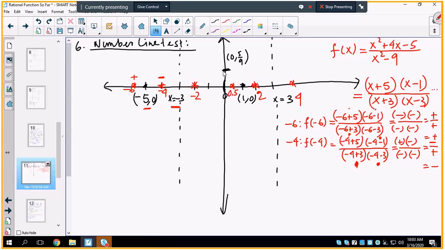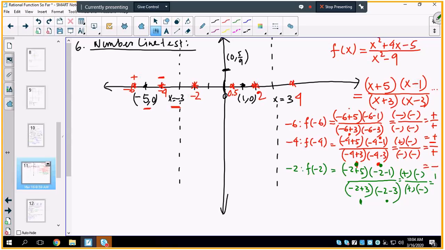I do it for -2 now. For -2, you're going to input -2 in place of x in the factored form. So you get (-2 plus 5)(-2 minus 1) over (-2 plus 3) times (-2 minus 3). So this one here is positive, this one is negative on the top, over, this one is positive, this one is negative.